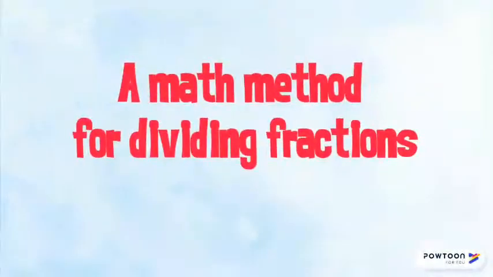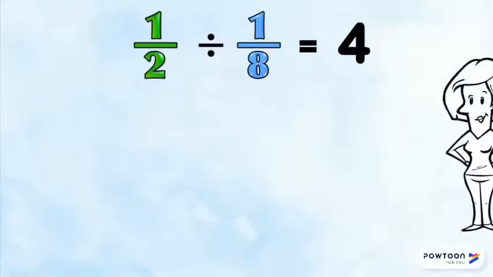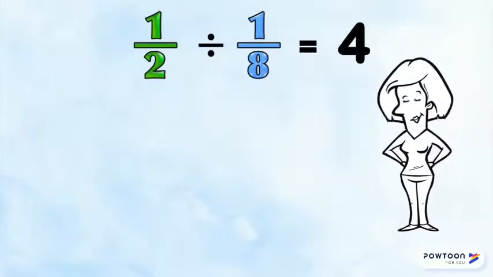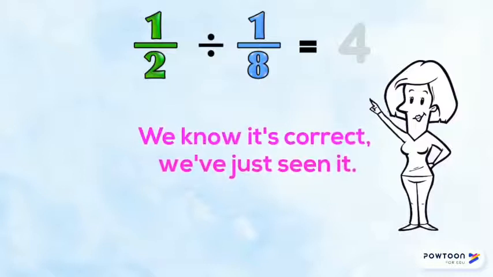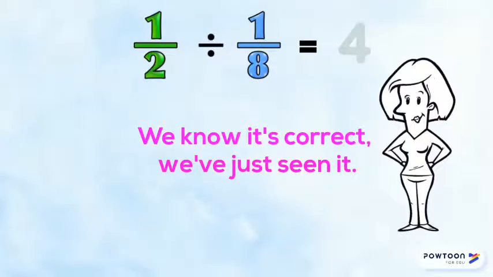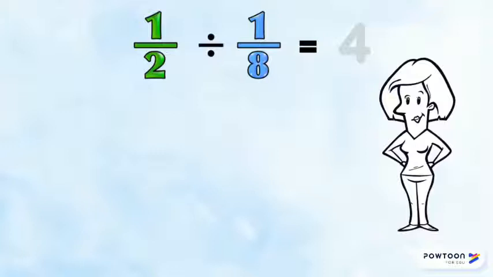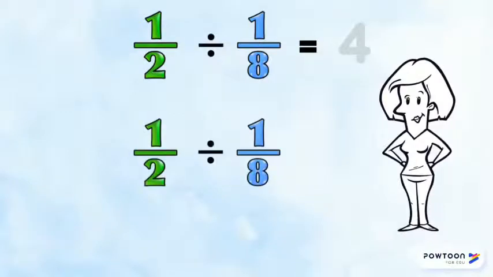Okay, now we're going to get to a math method for dividing fractions using this example. The problem starts like this, but we have to do something to get the numbers to work so we can get to that answer of 4, which we already know is correct. What we do is a little bit of math manipulation. We flip this right-hand fraction over.